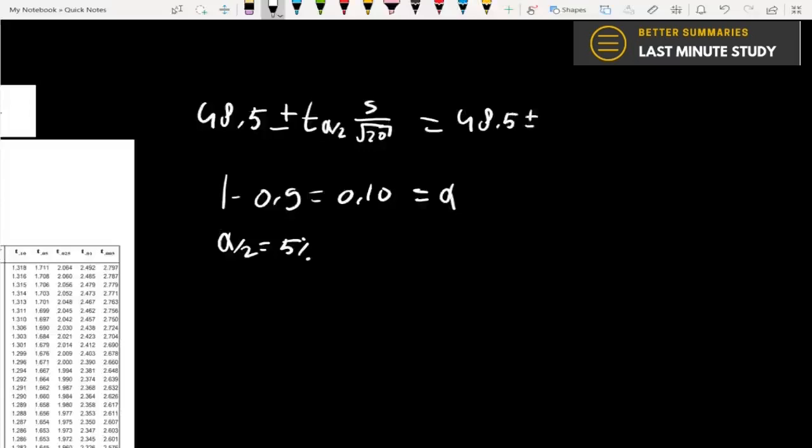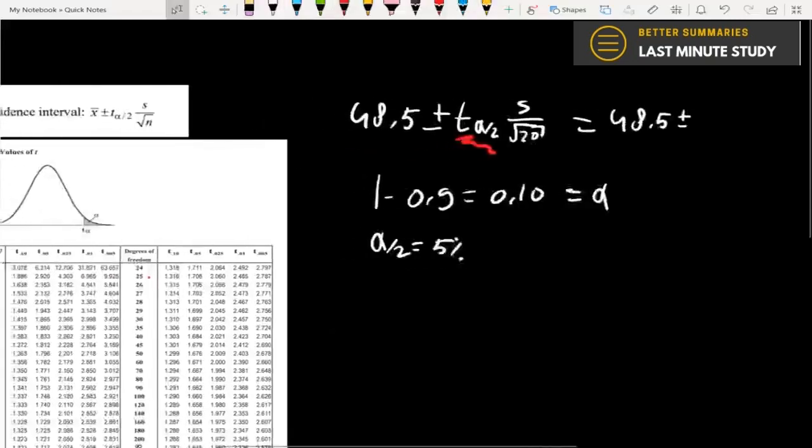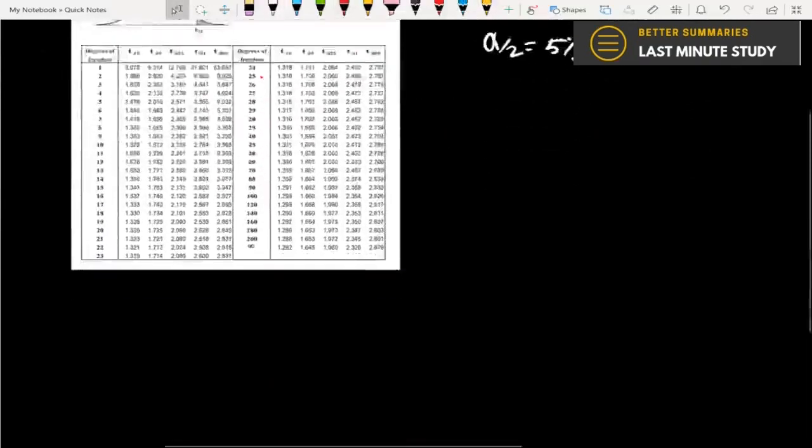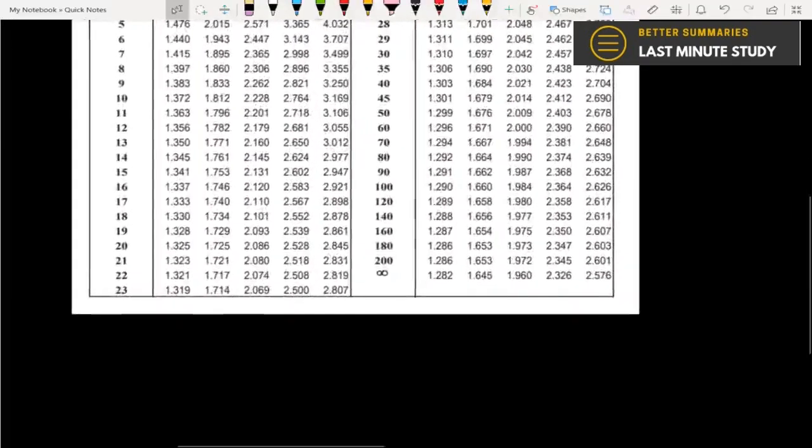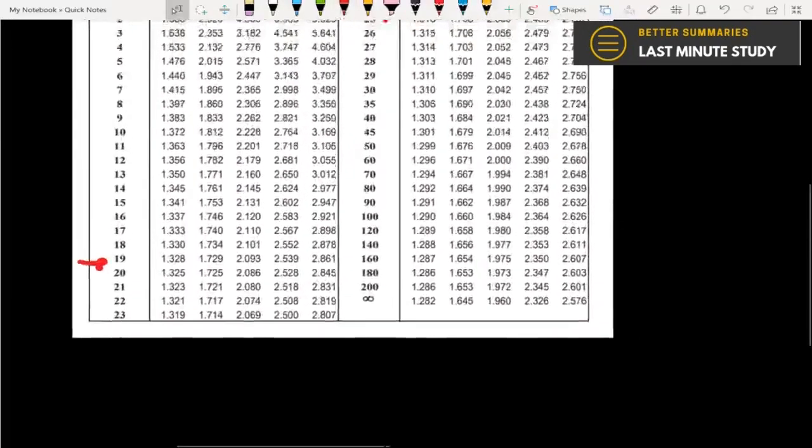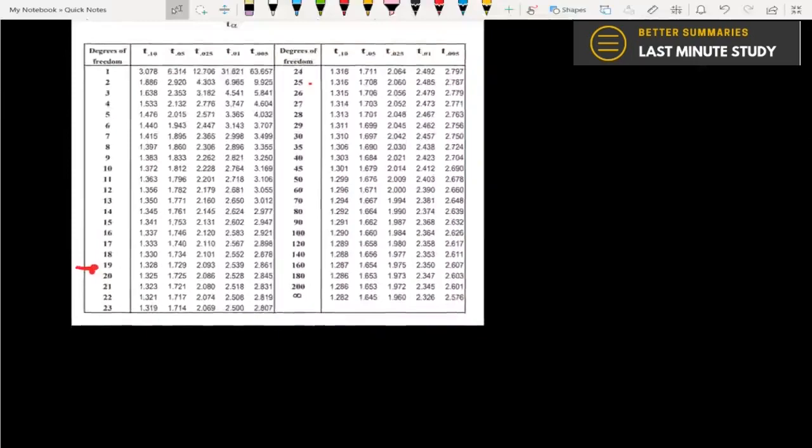This is going to be 48.5 plus minus, and this we have to look up in a table, the t alpha over 2. We've got a sample size of 20, so that means 19 degrees of freedom. We're looking in that row. Alpha was 10%, but we need alpha over 2, so it's this column, 5%. This is going to be your t-score, 1.729.